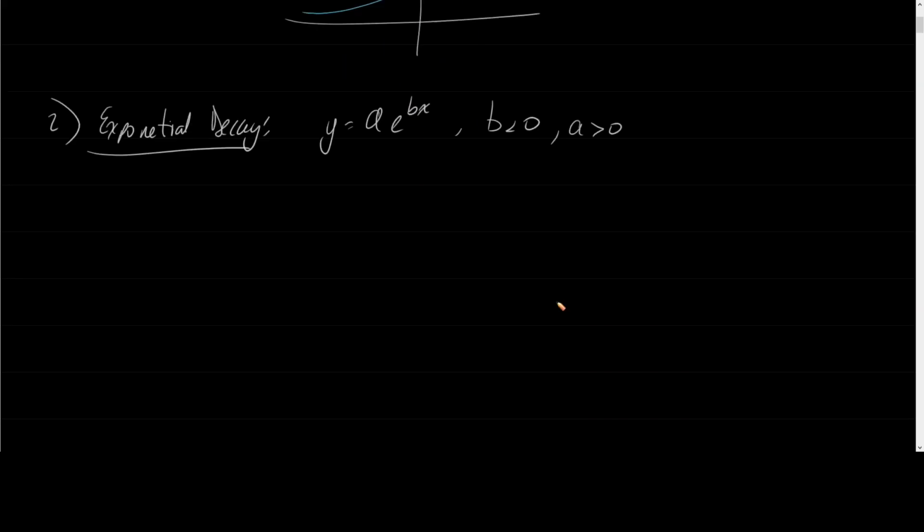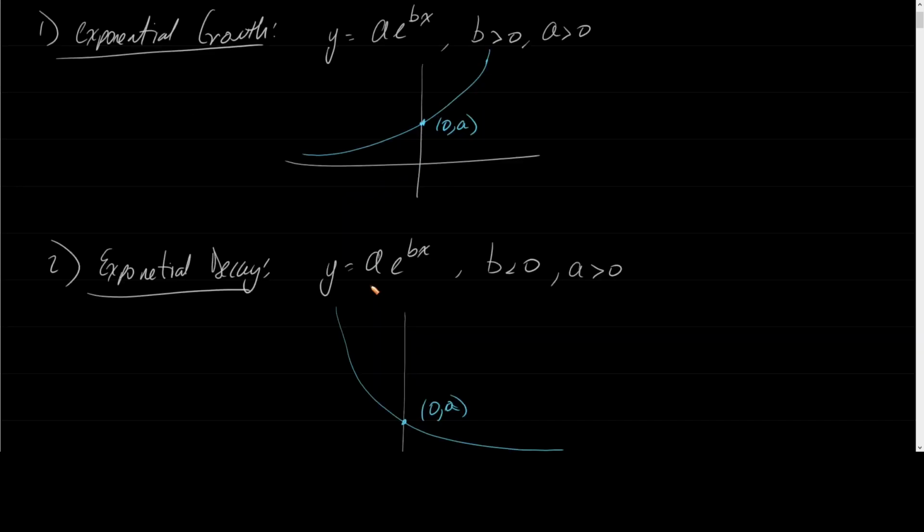All right. And with exponential decay, we end up with a graph that looks like this, also crossing at the point 0, a. All right. So that's exponential growth and exponential decay.